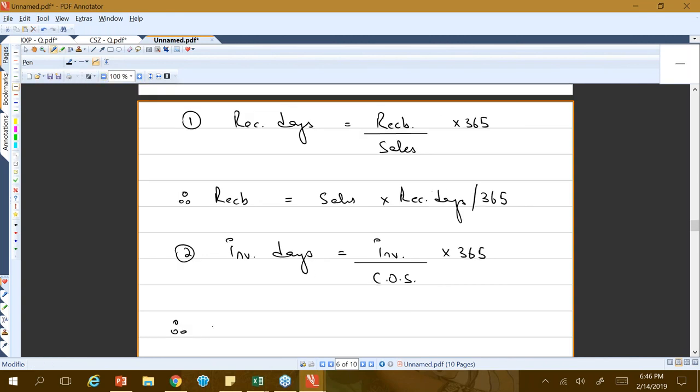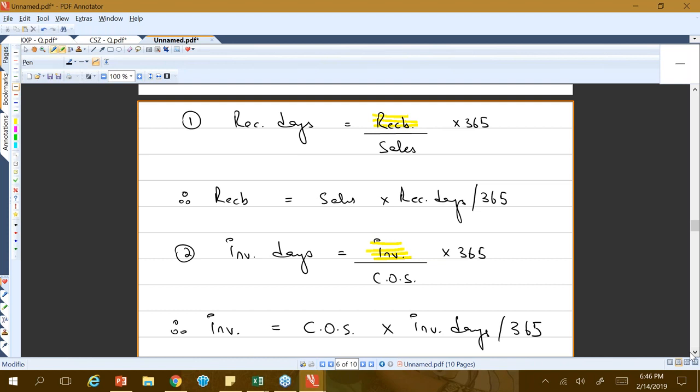The inventory balance is the cost of sales into inventory days over 365. Exact same thing. I'm just rearranging the above calculations to find the balances.